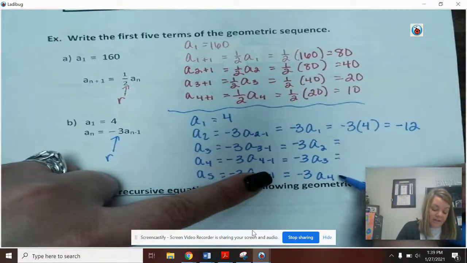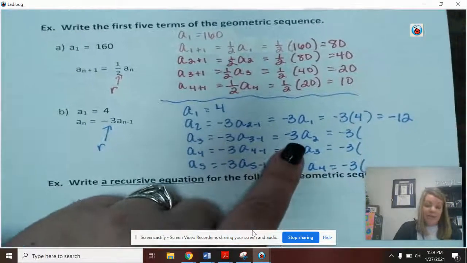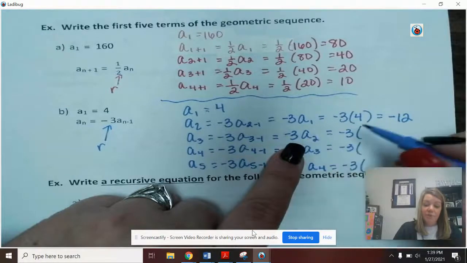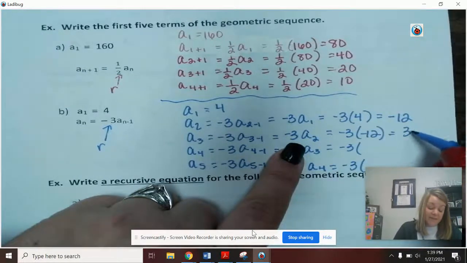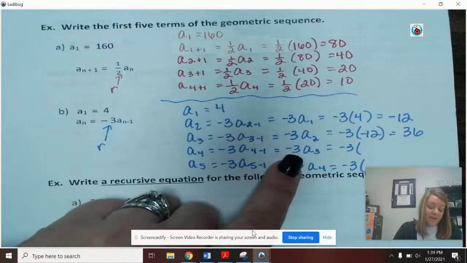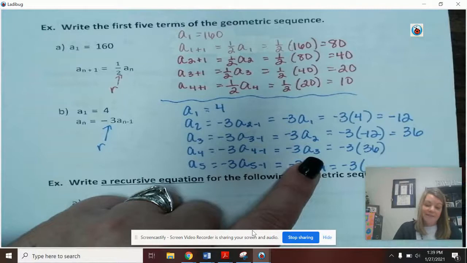And now I just get to plug in each of those values every time. So -3 times a sub 2, well, a sub 2 is right here, -12. That is positive 36. -3 times a sub 3, well, a sub 3 is 36. So -3 times 36 is -108.